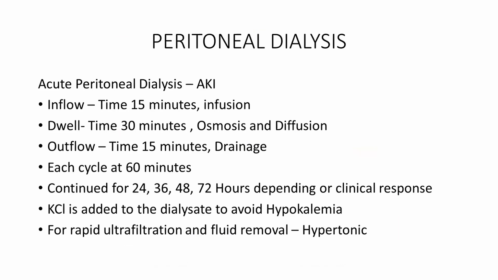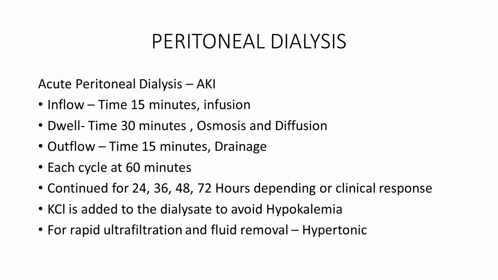Now, in acute peritoneal dialysis, you place a temporary catheter, you place the fluid into the peritoneal cavity for 15 minutes. It is called infusion time. Then you keep that fluid in the peritoneal cavity so that osmosis, diffusion, ultrafiltration, absorption takes place. And it is called the dwell time, which is 30 minutes.